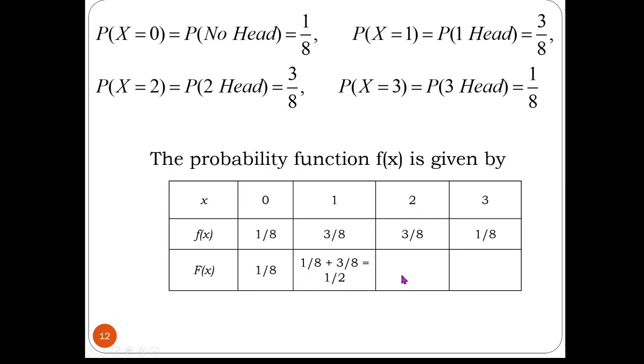For 2 the distribution function is 3 by 8 plus 3 by 8 plus 1 by 8, that is 7 by 8. And for 3 it is 1 by 8 plus 3 by 8 plus 3 by 8 plus 1 by 8, that is 1.